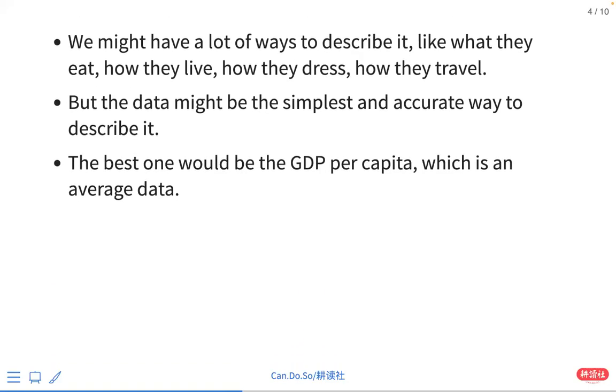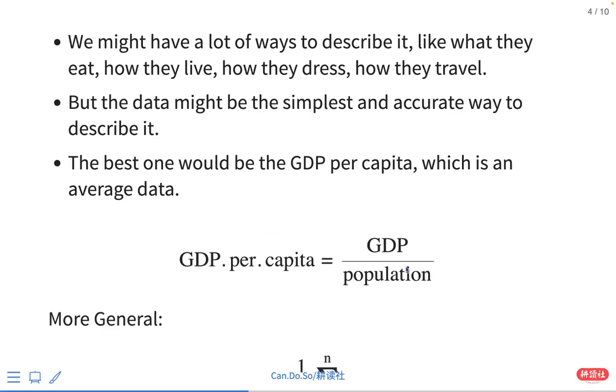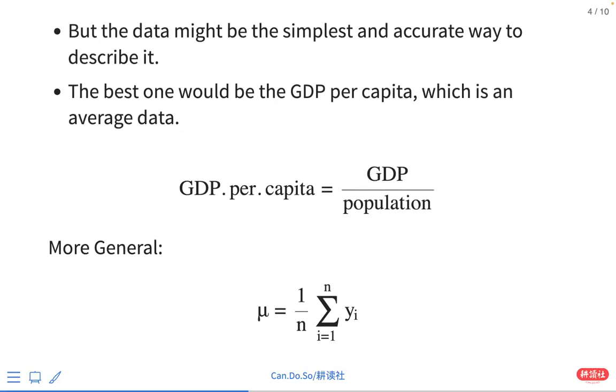And the best data may be the GDP per capita, which is an average. It's the total GDP, the gross domestic product of the country, divided by the population of the country. So this is the average data.